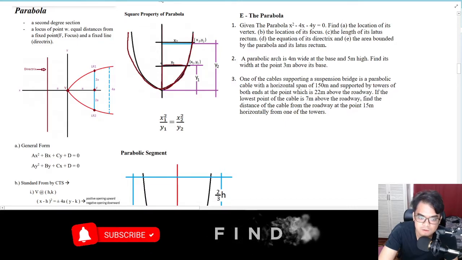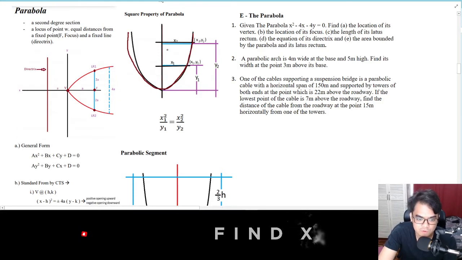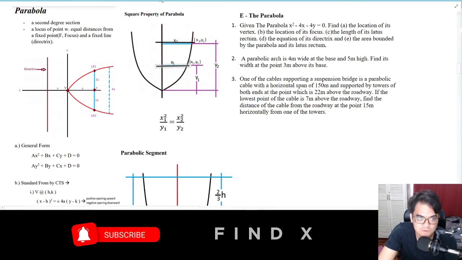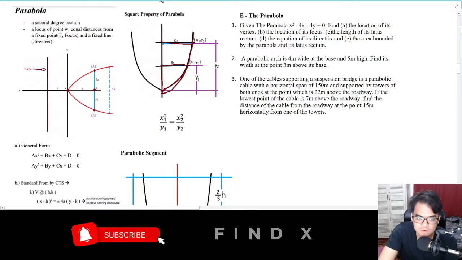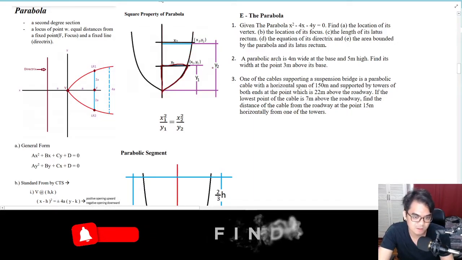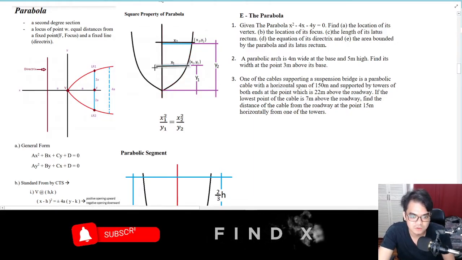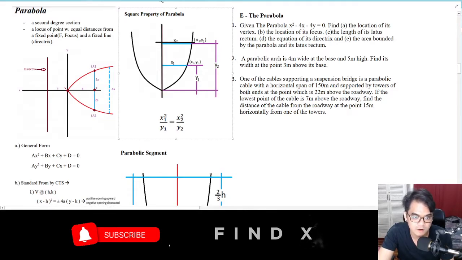Or to understand it more, this is the first parabola, only it's half, and the second parabola is this one. The relationship between them is given by the square property of parabola.